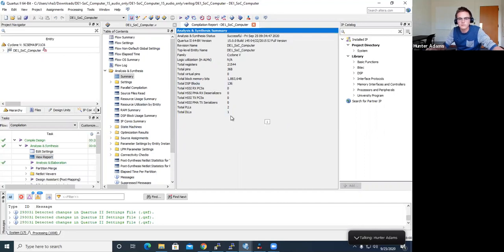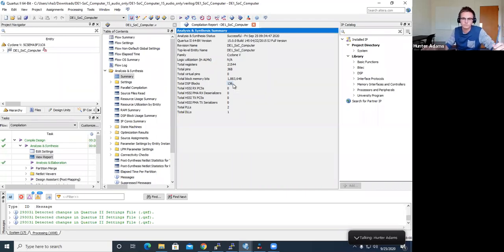So you can see, for example, I'm using 2 phase lock loops, 2 because I built a 100 megahertz phase lock loop to try to get more nodes out, and 136 DSP blocks. That is to say 136 multipliers. So my constraining resource here was not multipliers, it was something else. It's actually logic elements, I believe.